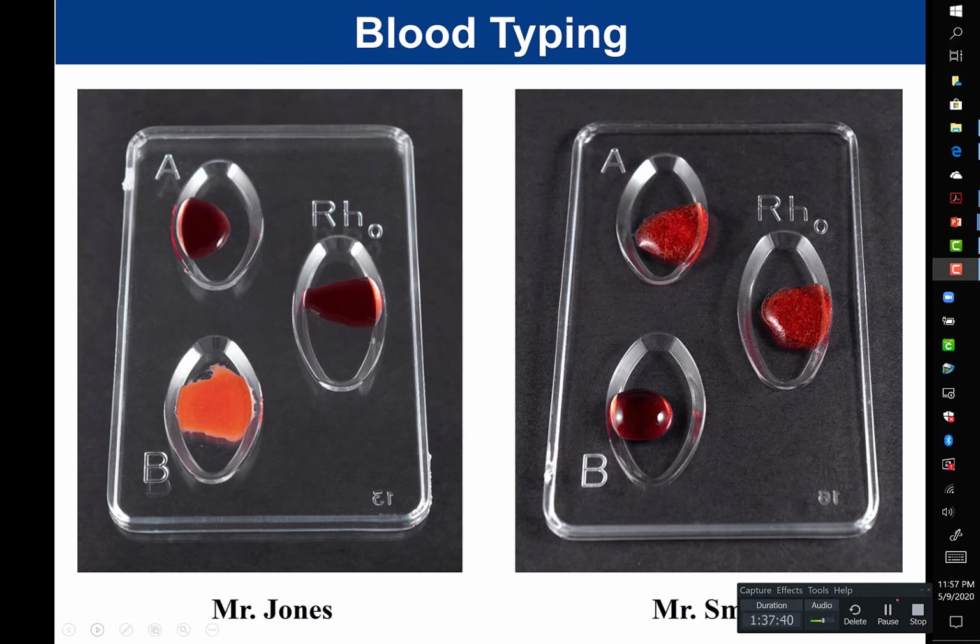So this is for that last question in your question set. It has you determine the blood type of the following people. On the left, we have Mr. Jones. We already determined Mr. Jones is B negative because we get agglutination in B, but we don't get agglutination in A, and we don't get agglutination in the Rh.